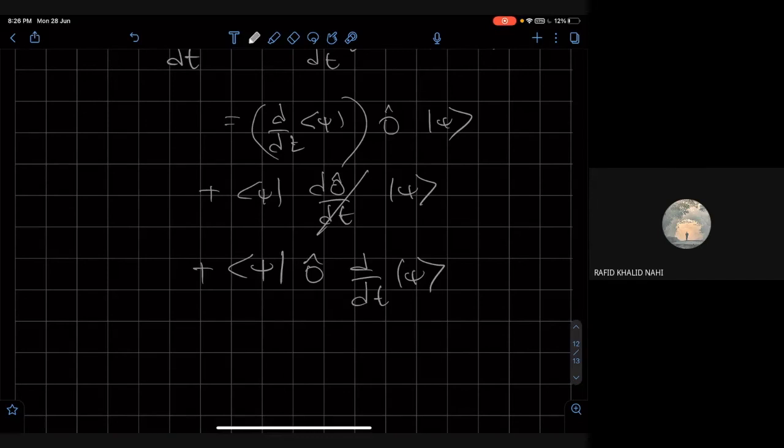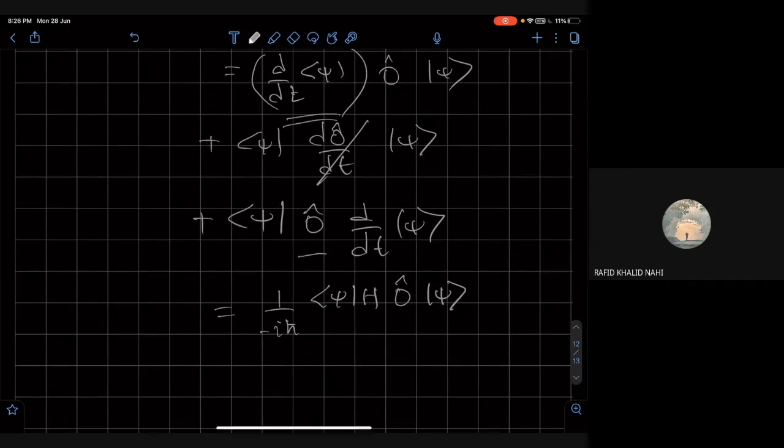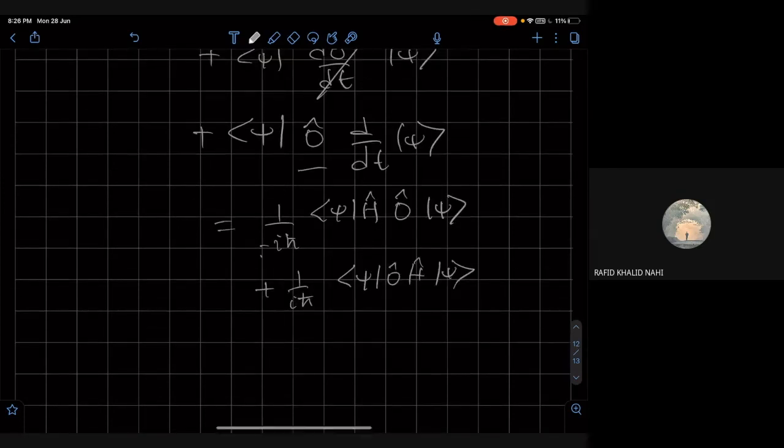Now we can use the Schrodinger equation. If I replace this by the Schrodinger equation, I'll get 1 over minus i h bar, the Hamiltonian acting on psi on the left. And from here, I'm going to get this term, 1 over i h bar, psi O Hamiltonian acting on the right side. There's a minus sign compared to this term, so we can take the i upstairs, and h can stay downstairs. These things don't matter.